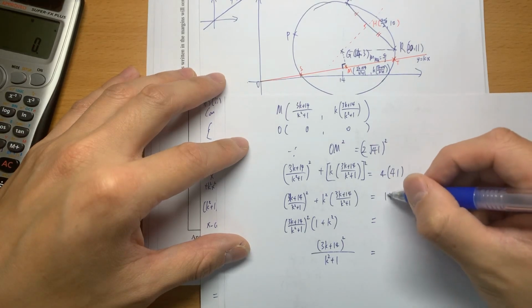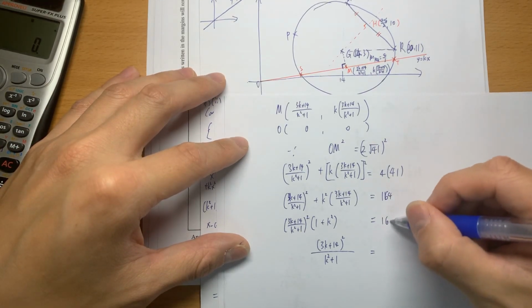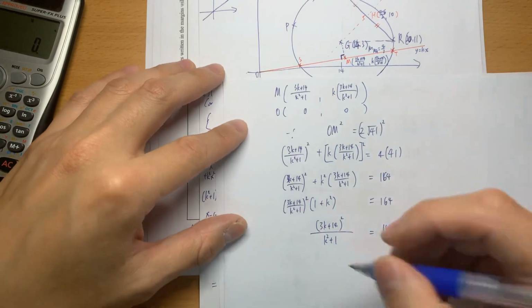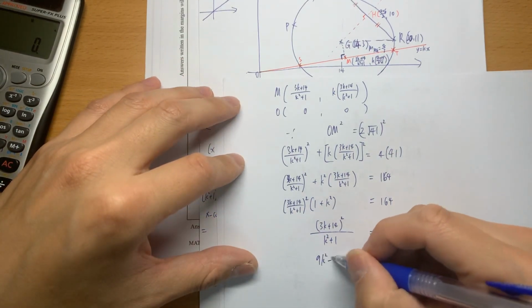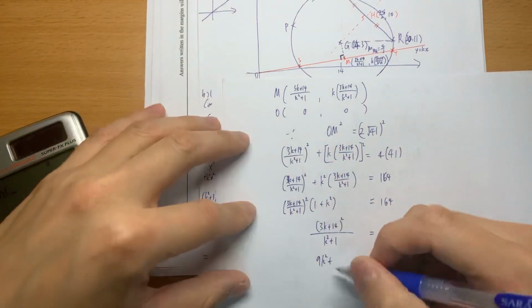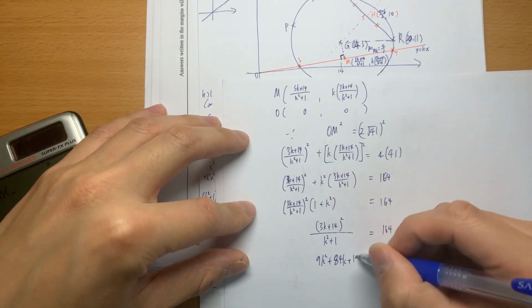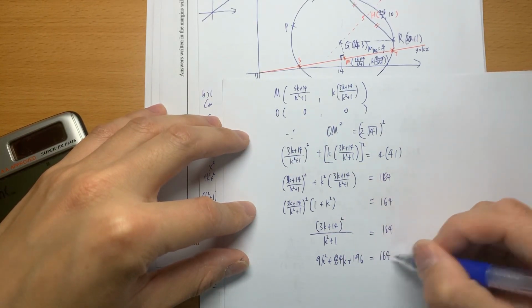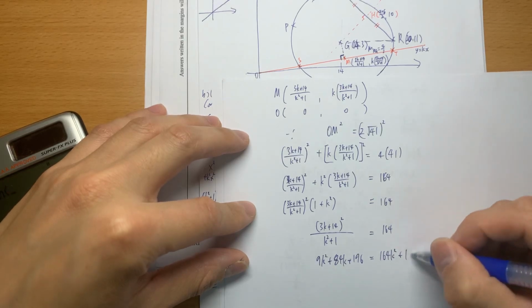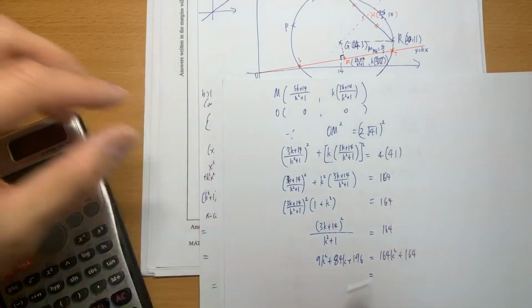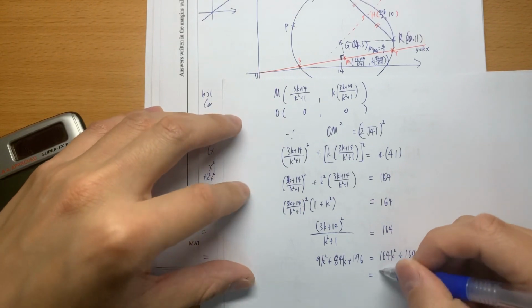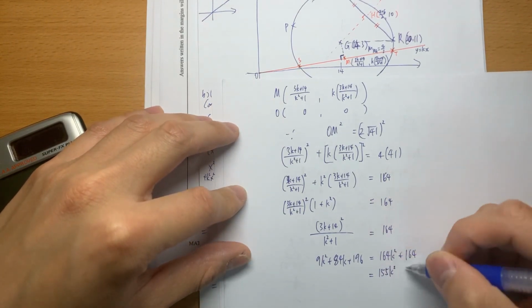So 164. Very close: 9k squared and then plus 6 times 14, 84. So move everything to one side, and we get 155k squared.